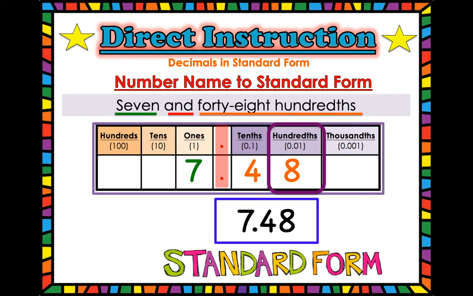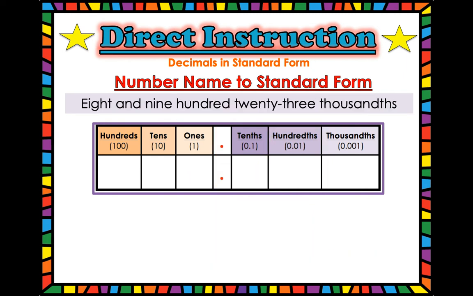All right. So now we have one that's going to the thousandths. Now don't stress out. Don't panic. It's easy, I promise. It's the same thing as the hundredths. We just added another place. That's it. Okay? Which means that this number, 8 and 923 thousandths, is going to end in the thousandths place.